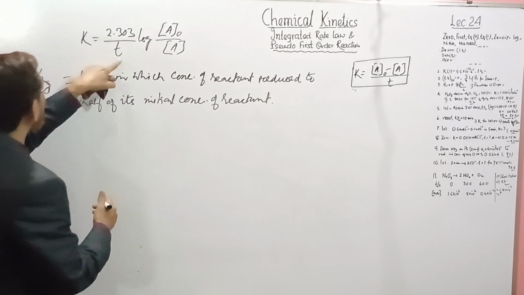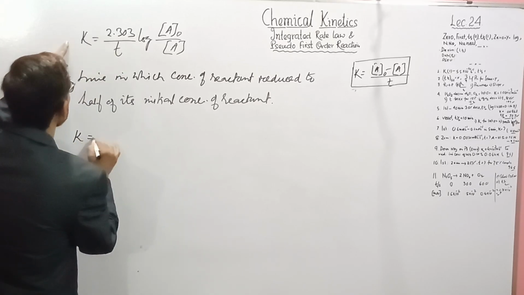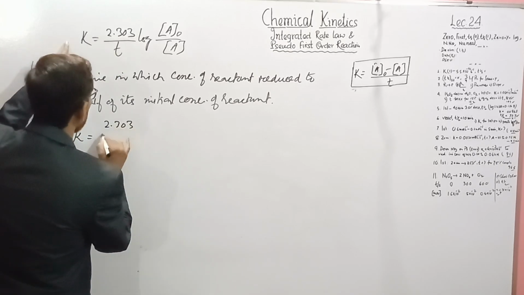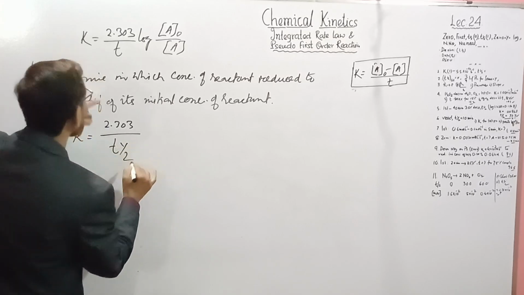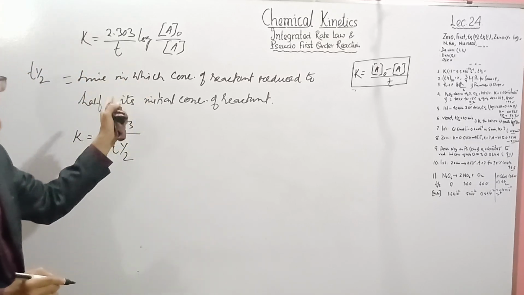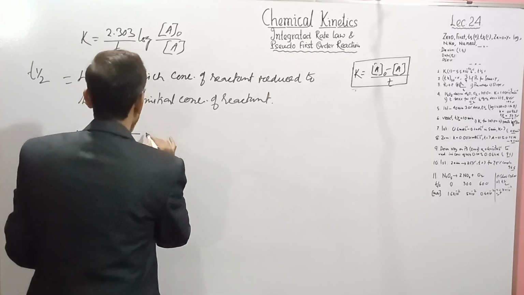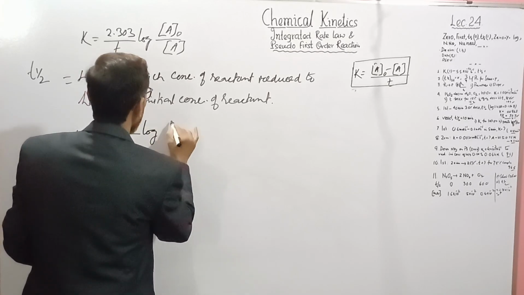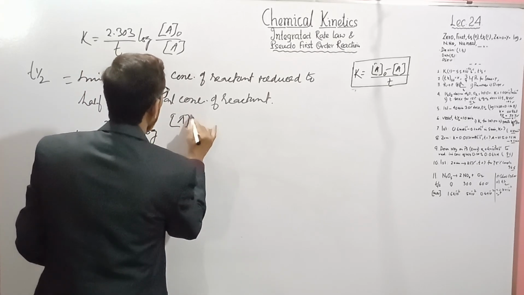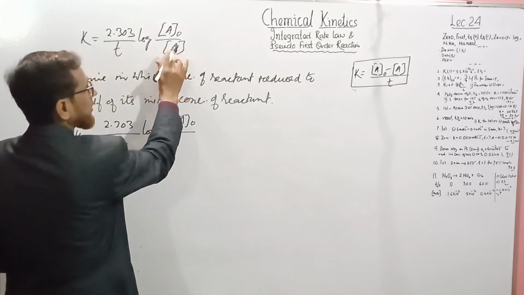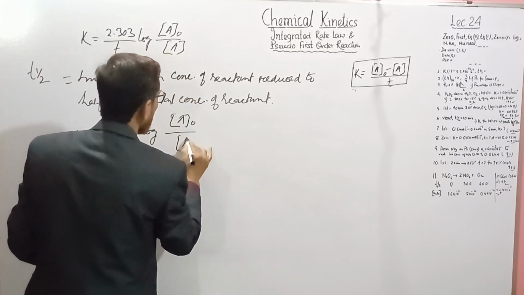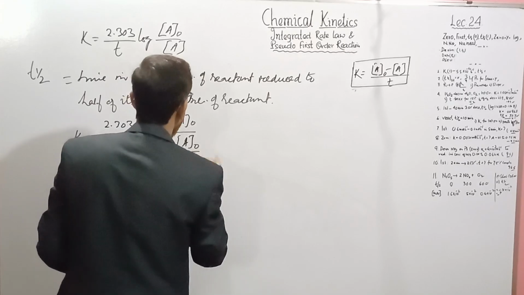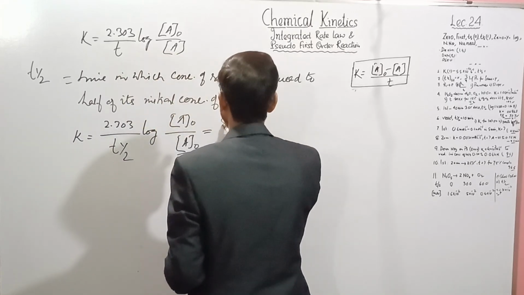Now we will explain how to find T half. So at T half you will write k is equal to 2.303 by T half, log a naught, and this concentration is reduced to half, a naught by 2.